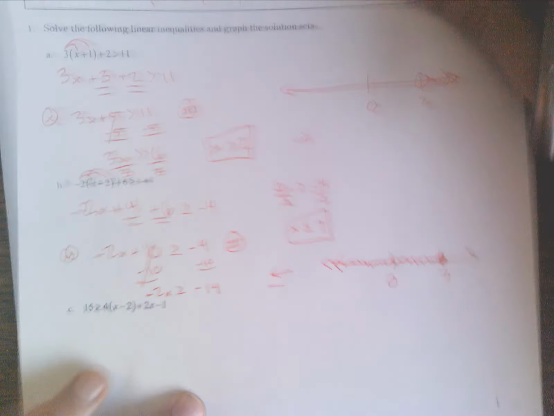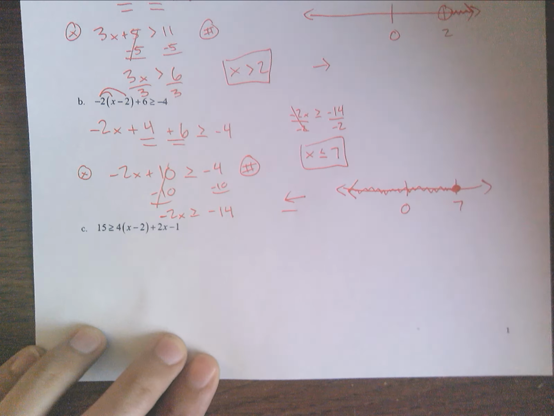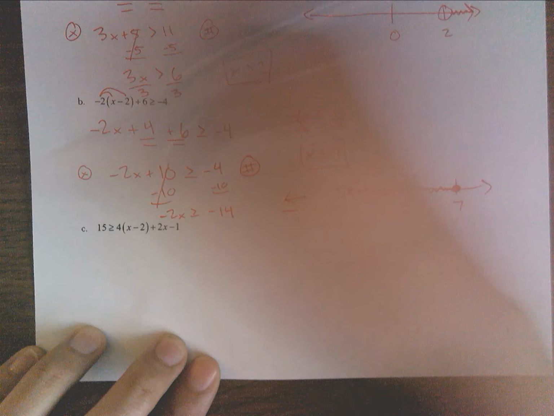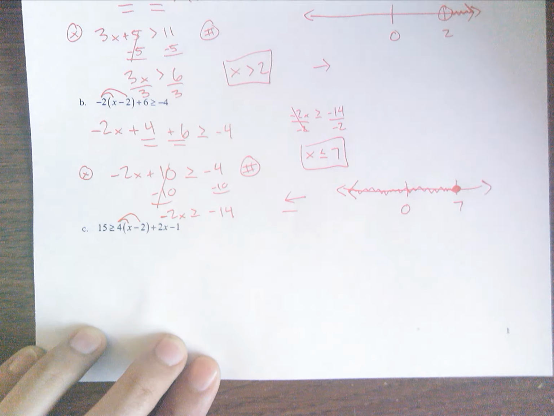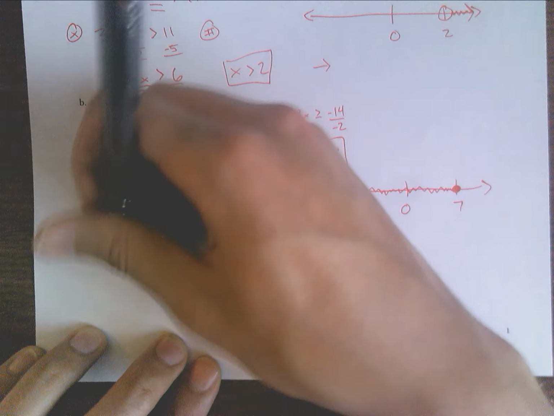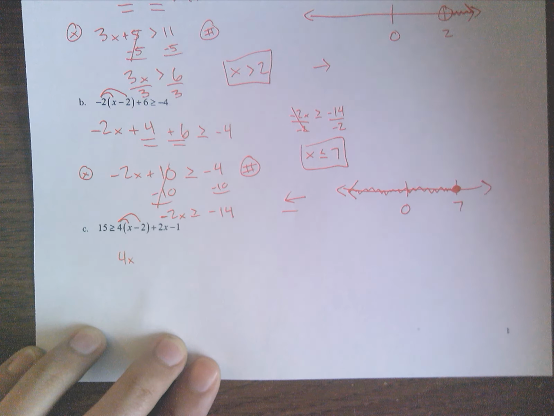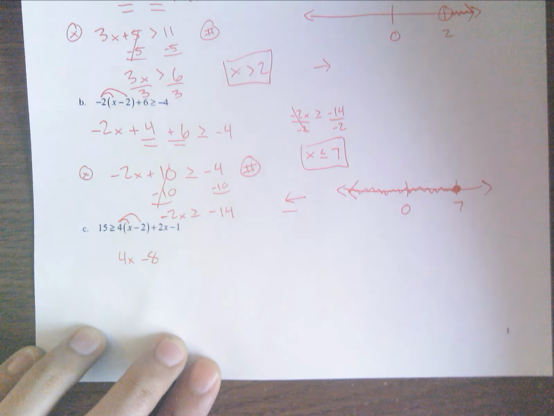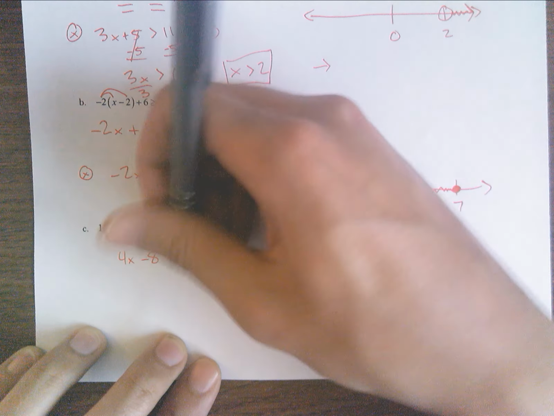One more example. Step 1, we're going to distribute. So we're going to distribute our 4 into each of these terms. So 4 times x is 4x. 4 times negative 2 is negative 8. And then we'll bring down our 2x minus 1.